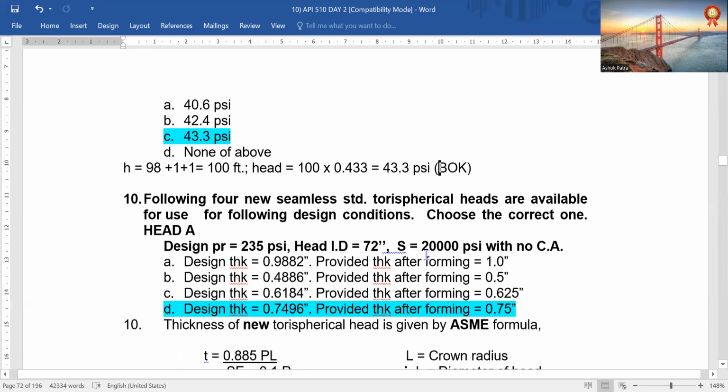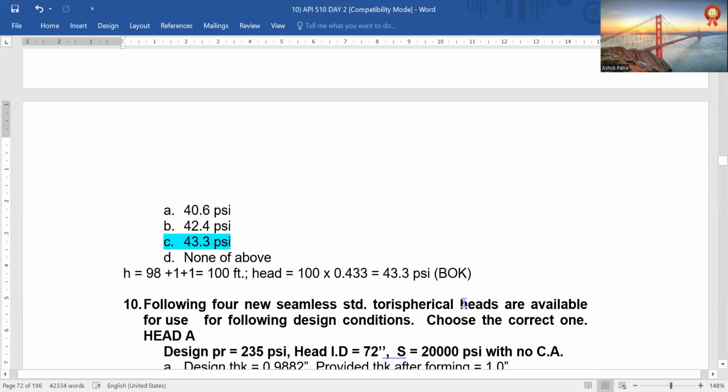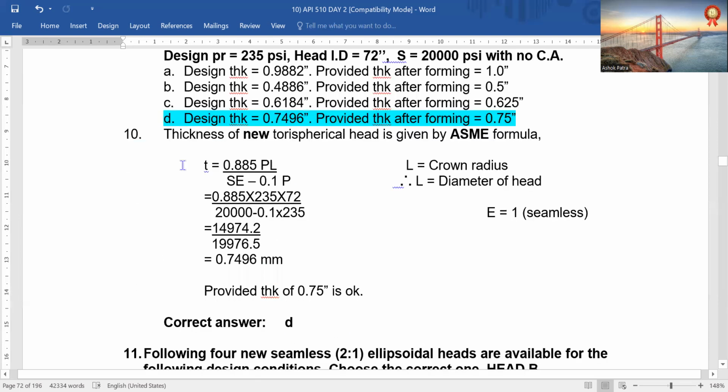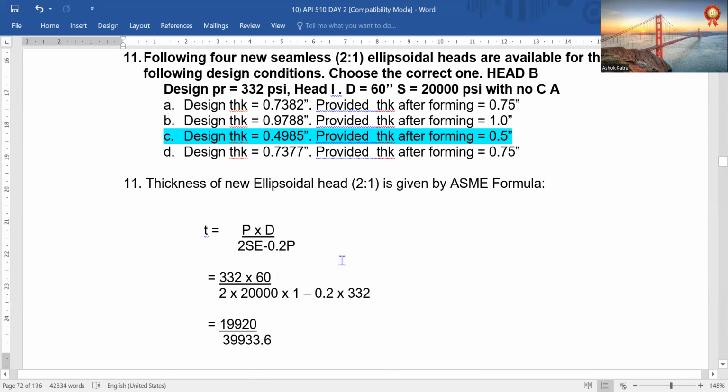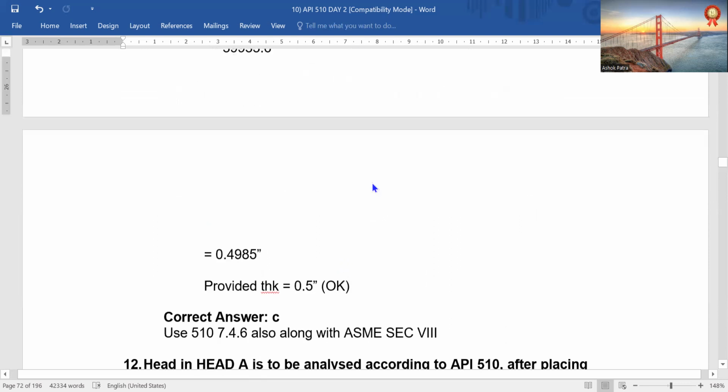They are mixing everything, that's why it is quite difficult. So 10th is A and 11th they are taking is B. Okay.